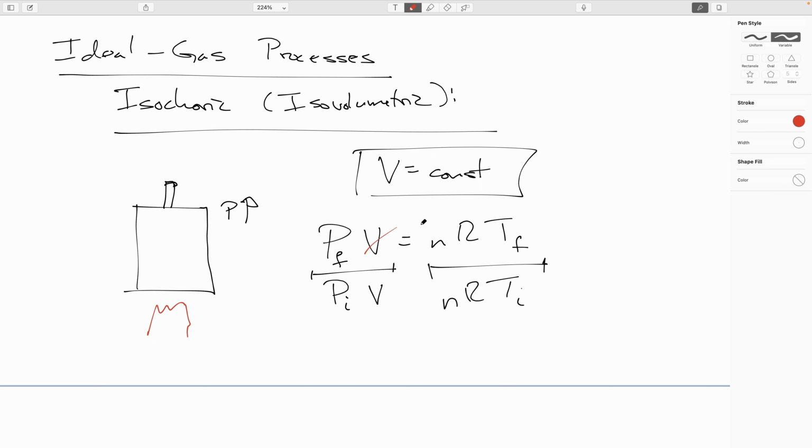Now you just cancel all the common factors, and you end up with P final over P initial equals T final over T initial, and that's Gay-Lussac's law.